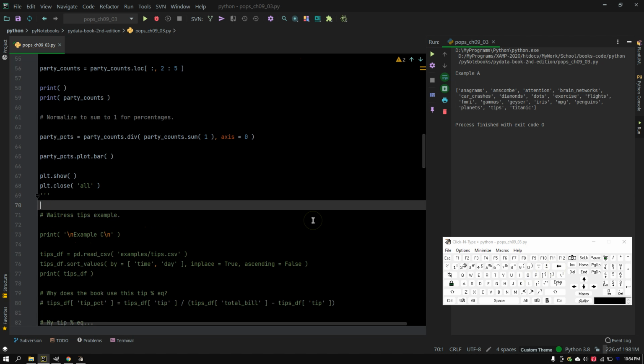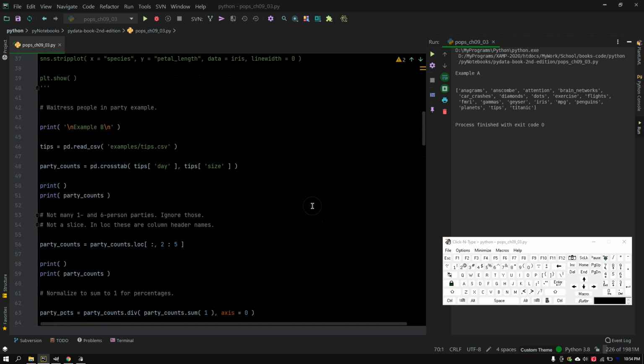Okay, example B. We're going to be dealing with how many people are in a restaurant scenario, how many people in this particular waitress's parties in a few days of the week. So we read, this is from the book, tips CSV.